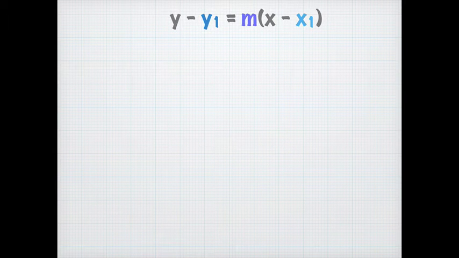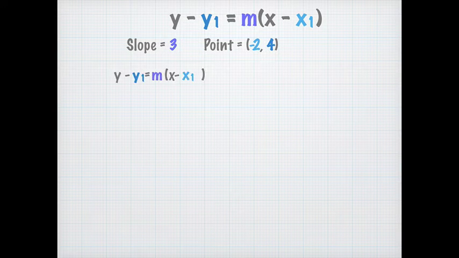So let's do an example. Suppose I want to find the equation of a line with slope of 3 containing the point negative 2, 4. Then I know that my slope is 3, and I know that my x-coordinate is negative 2, that's my x1, and I know my y-coordinate is 4.